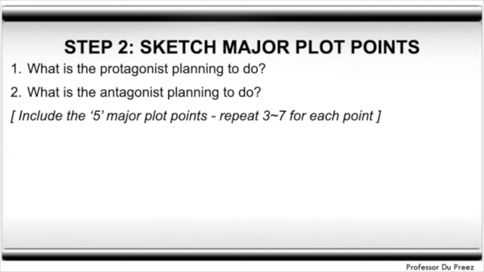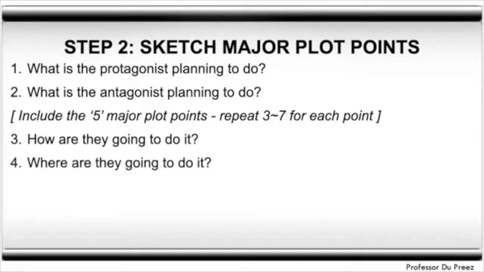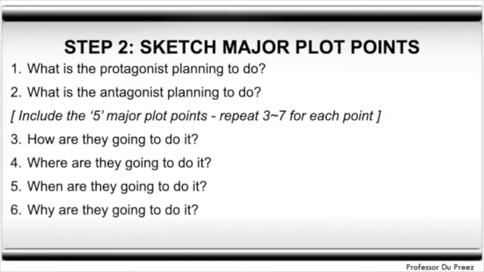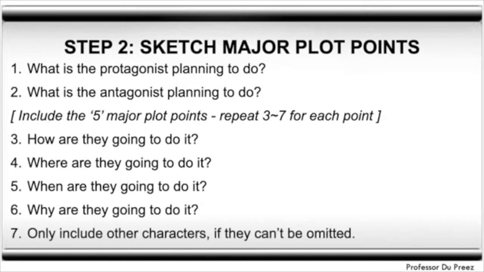Question 3. How are they going to do it? Where are they going to do it? When are they going to do it? Why are they going to do it? It is a good idea to mention the villain. Who is the villain?